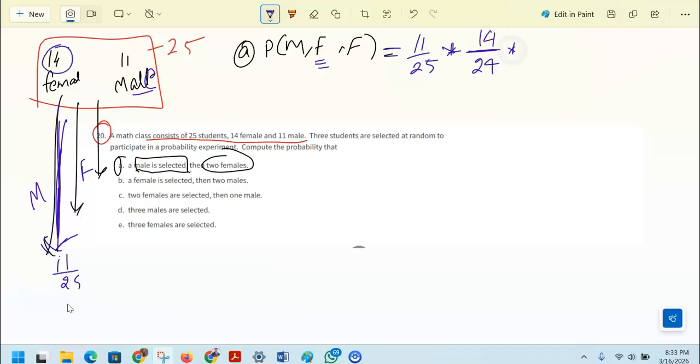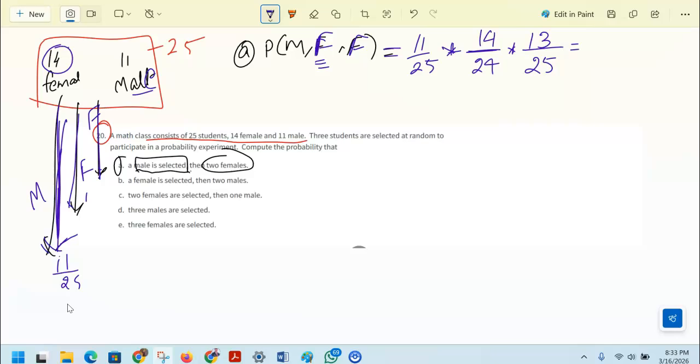And the next is, so two students are taken, then the next one also should be female. So that means one of the females is already gone. So if the second one was female, and you want the third one to be female, there will be 13 remaining out of 14. And the total student is out of 25.